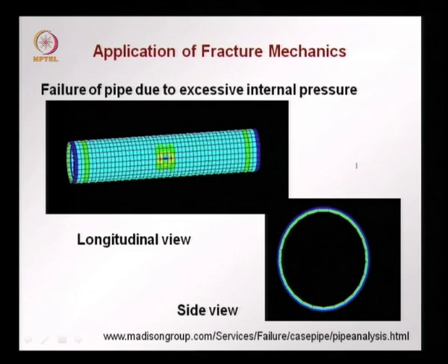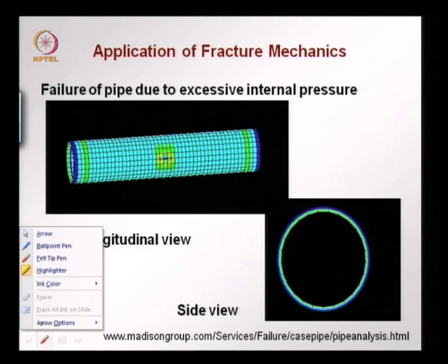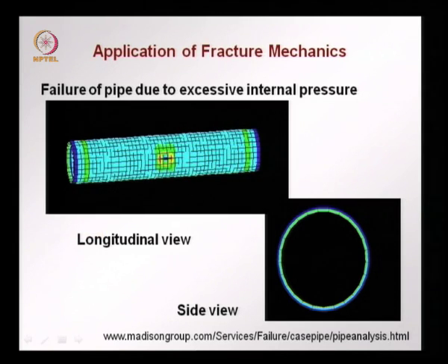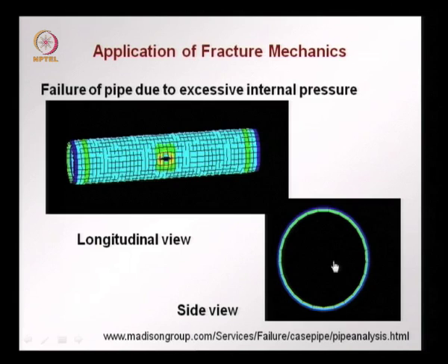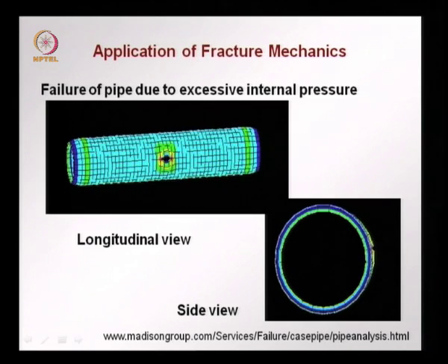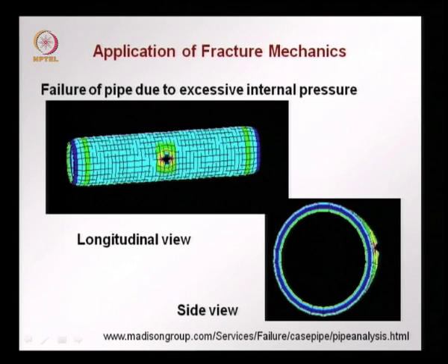A third simulation that I am going to show you is from the Madison group, where we have the case of a PVC pipe, and this has been simulated to show how the pipe will crack and fail when there is excessive internal pressure.